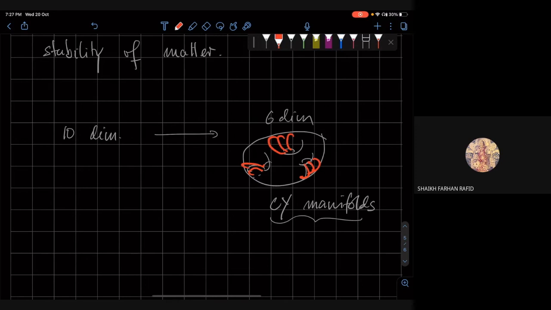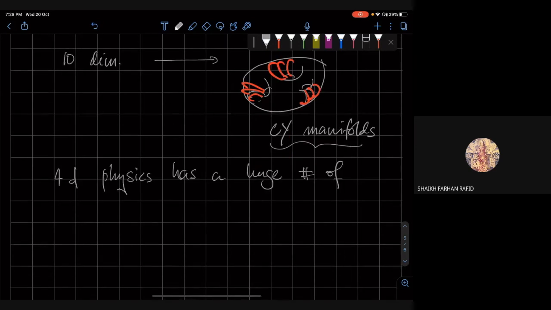So there's a dizzying amount of geometry and mathematics that can be varied on these manifolds. The result of that is that the 4-dimensional physics has a huge number of possibilities.